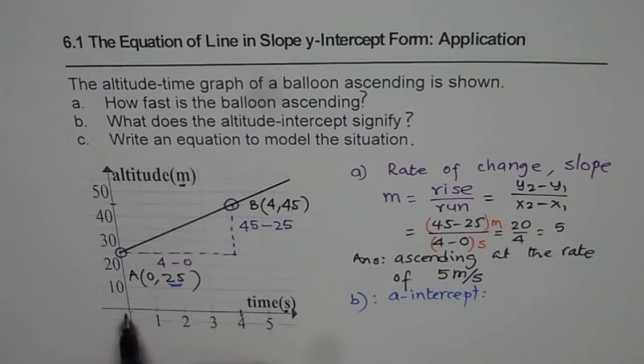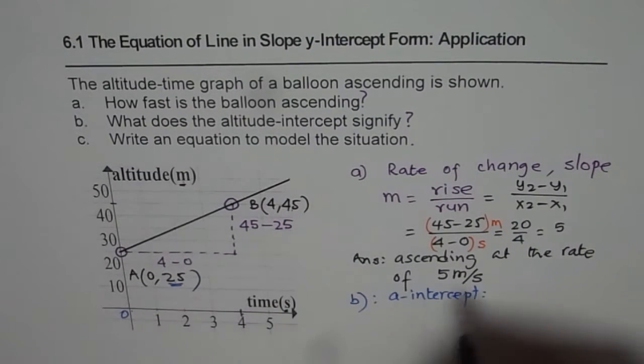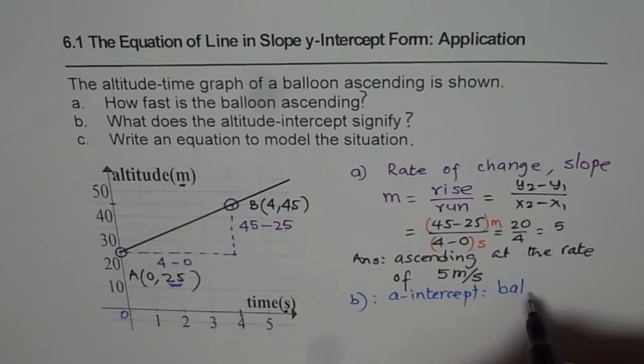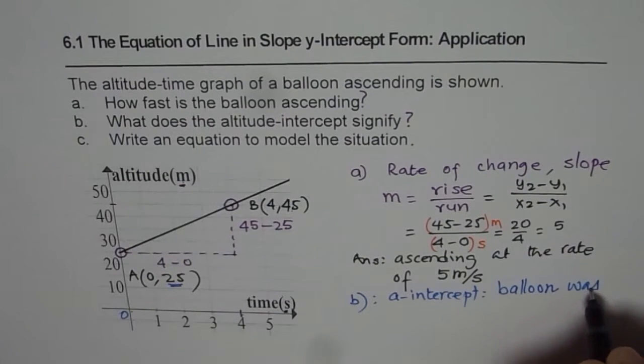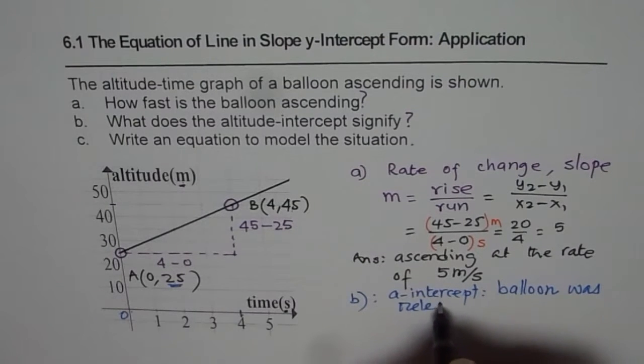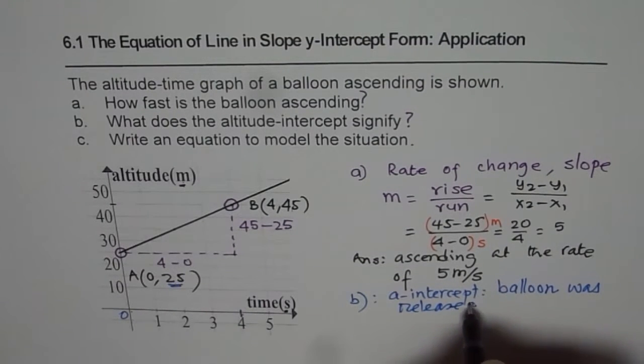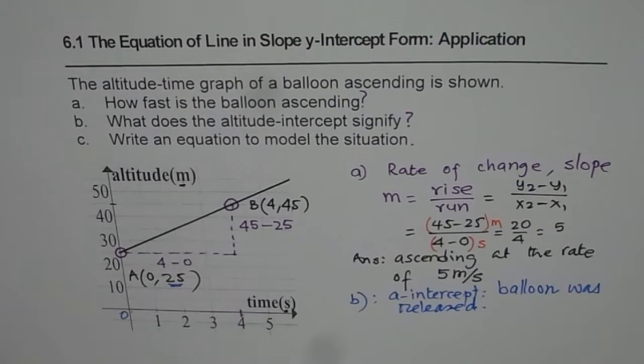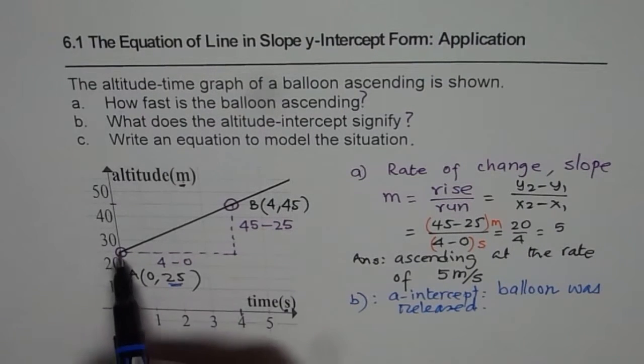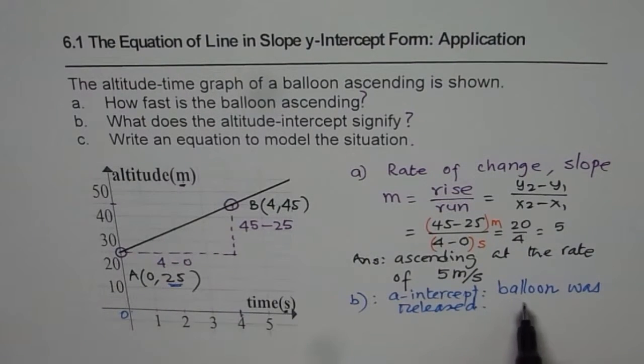So at t equals 0, the balloon was probably released from this point, or we started checking the height of the balloon from that instance of time. So that could be one of the explanations.